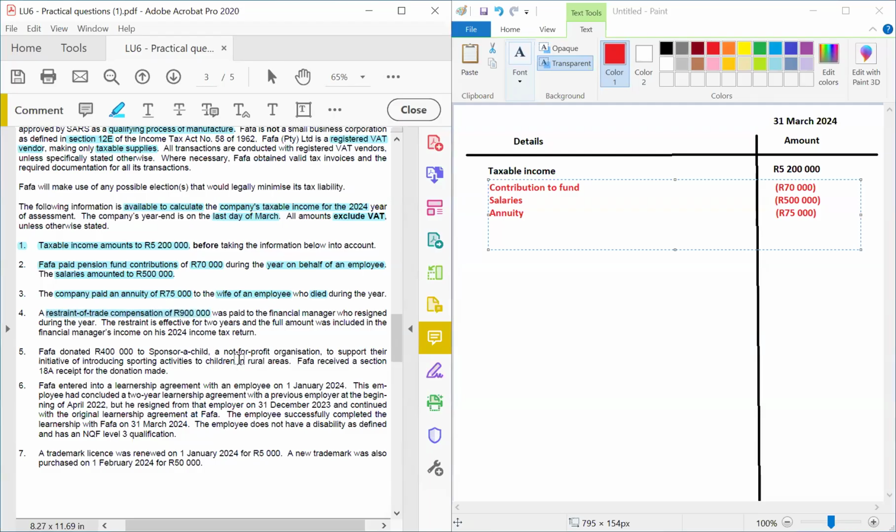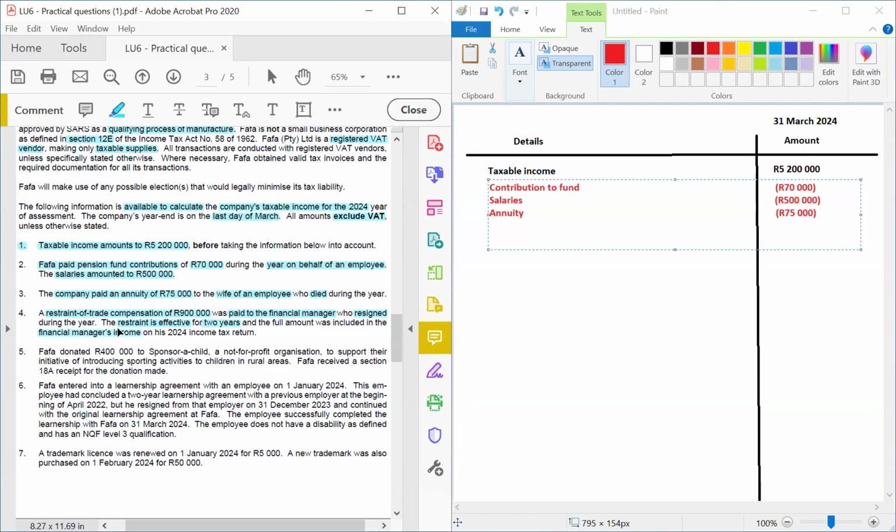Restraint of trade compensation of 900,000 was paid. Now, the key question is: paid to whom? Let's read. It was paid to the financial manager who resigned. The restraint is effective for 2 years, and the full amount was included in the financial manager's income. This is not really important.